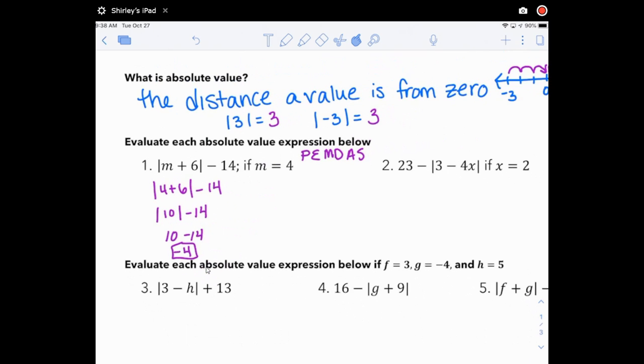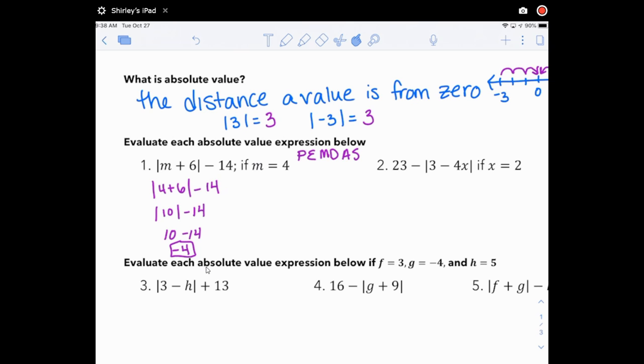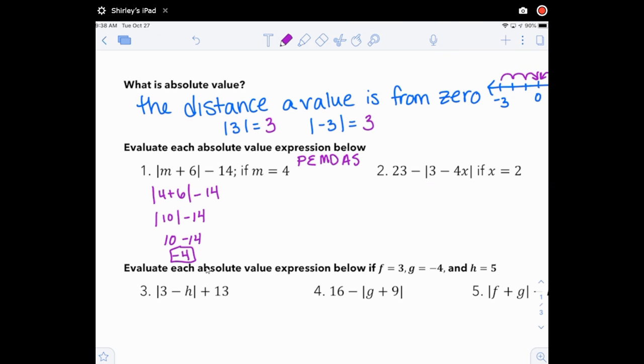If we look at number 2, I have 23 minus the absolute value of 3 minus 4x if x is equal to 2. So step number 1 is to always just plug your number in. 23 minus the absolute value of 3 minus 4 times 2. Always plug in with your parentheses so you're keeping everything organized. And now just start your orders of operation over.